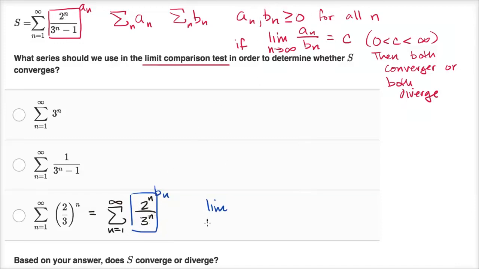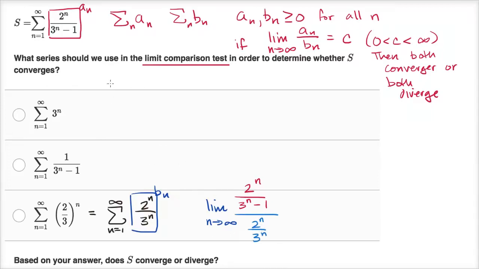And so let's find the limit as n approaches infinity of A sub n, which I'll write in that red color, which is 2 to the nth power over 3 to the n minus 1, over B sub n, over 2 to the nth over 3 to the nth. So let me actually do a little algebraic manipulation right over here.